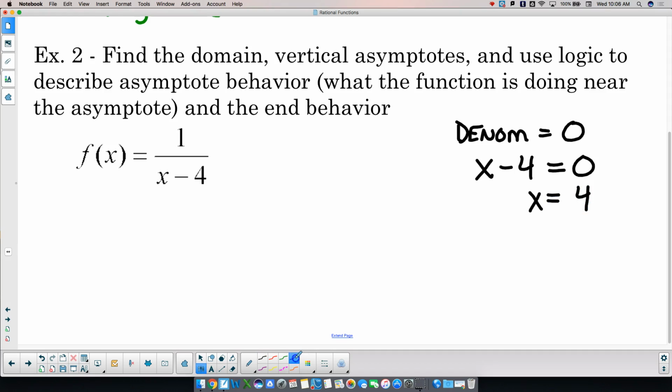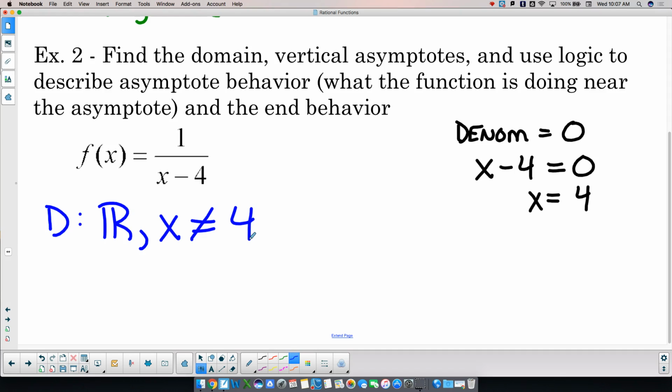So that would give me a domain restriction at 4, my denominator is 0, and a denominator of 0 is bad, so I kick those values out. So the domain is all real numbers, but x cannot be 4.